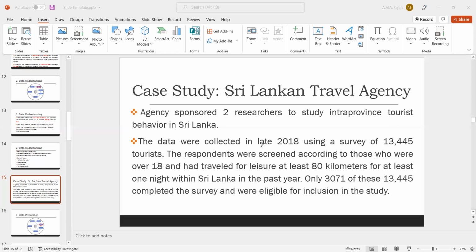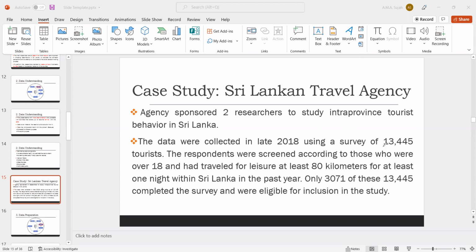Am I correct? It negatively impacted tourists. In 2020, we were affected by COVID. So it also negatively affected tourism. Am I correct? That is the reason I am taking 2018 to collect the data.